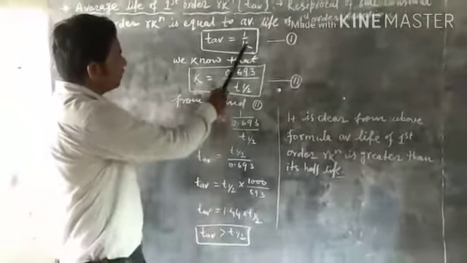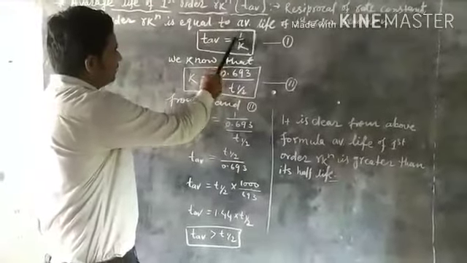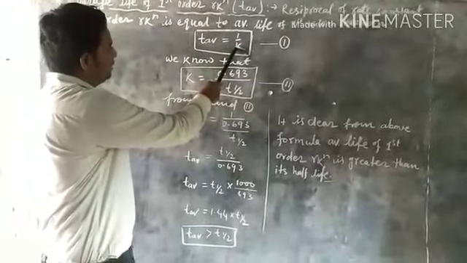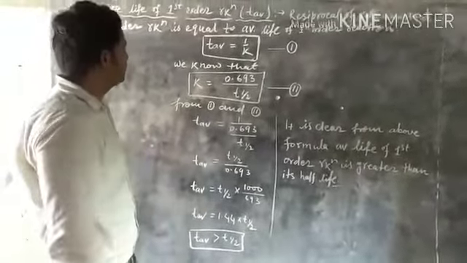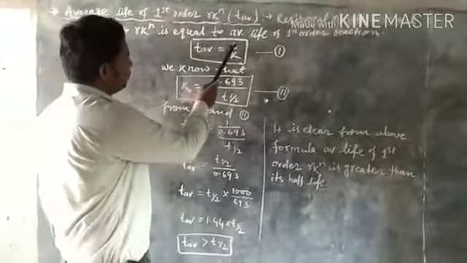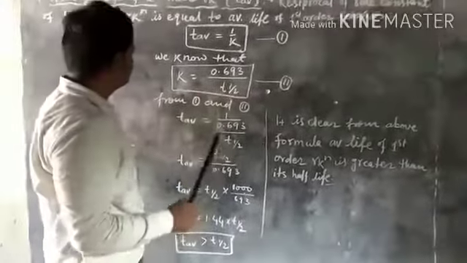Here K is rate constant, and reciprocal of rate constant of first order reaction is known as average life. Okay, so T average equal to 1 by K. It is considered equation 1.